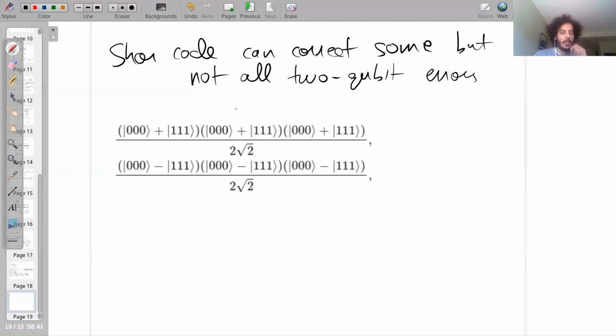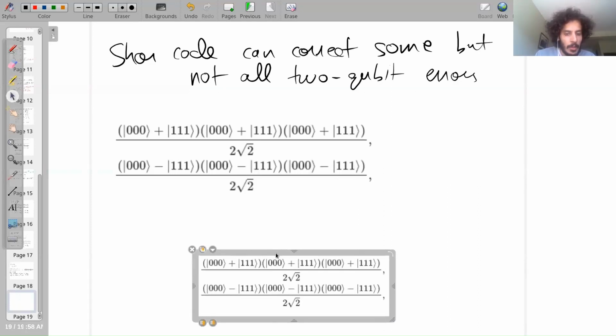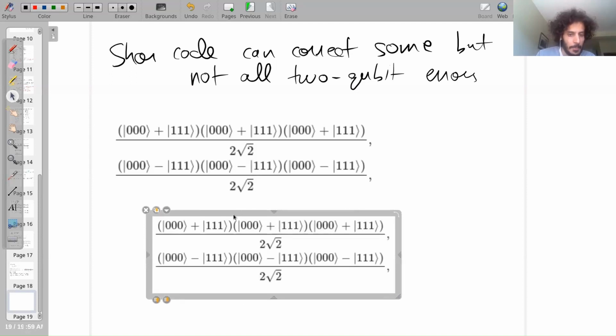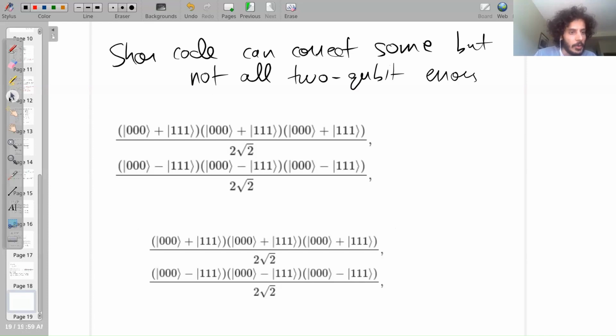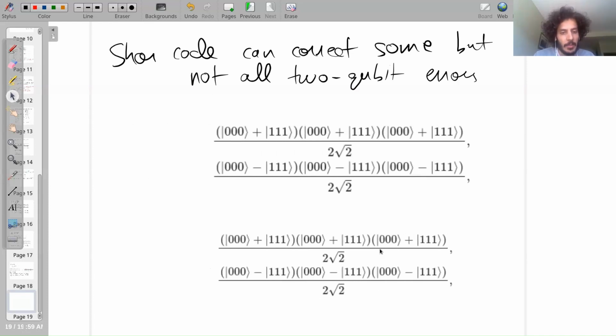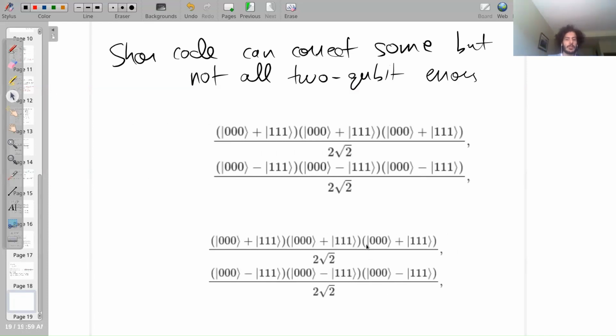Okay. So what I mean is that there are 2-qubit errors that are correctable. So can somebody give me an example of a 2-qubit error that will actually be corrected in the process that we have just given, where you first do X error correction or bit flip error correction by looking at each of these blocks and comparing the values, and then looking at phase errors.